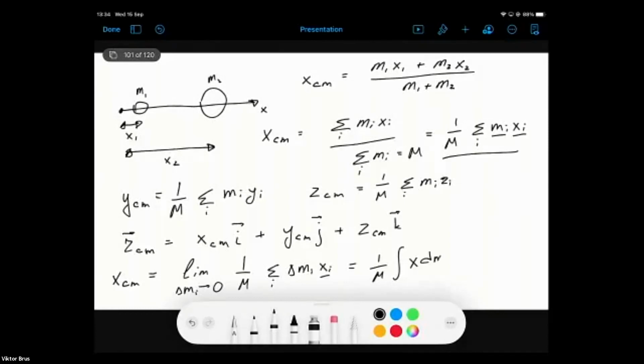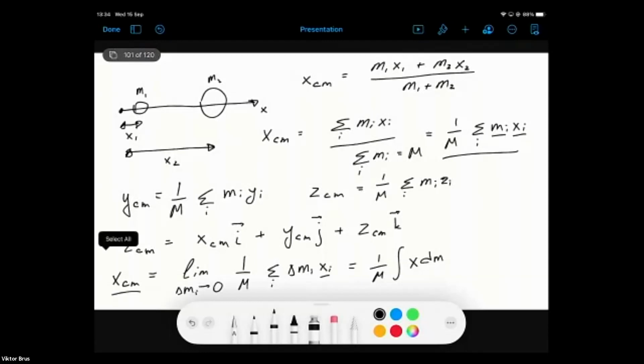times dm. So for each position x within this arbitrary shape of the body, we will consider this integral x dm. So we will integrate all over the volume. This is true for one coordinate.